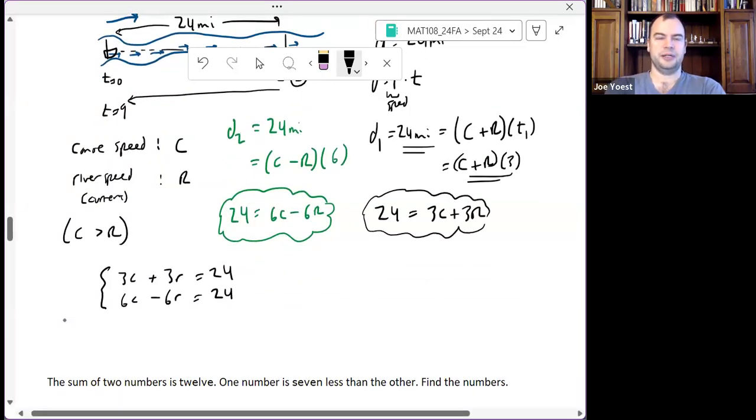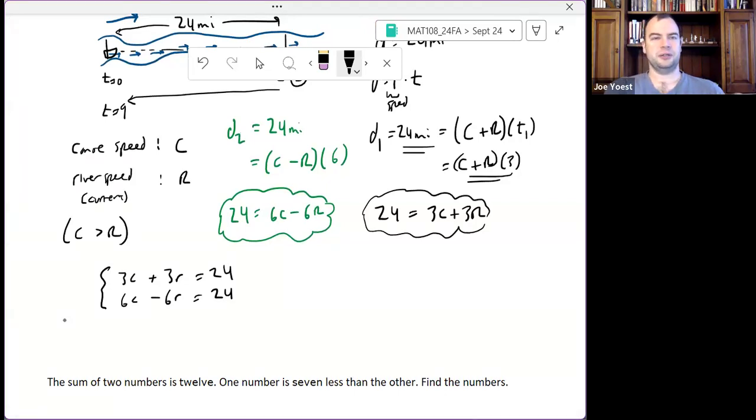I think probably addition elimination is going to work well here because things seem to be lining up pretty nicely. The 3s versus the 6s, just a factor of 2 off. I could multiply equation 1 by 2 and get 6c plus 6r equals 48. But I could actually multiply equation 2 by 1/2.